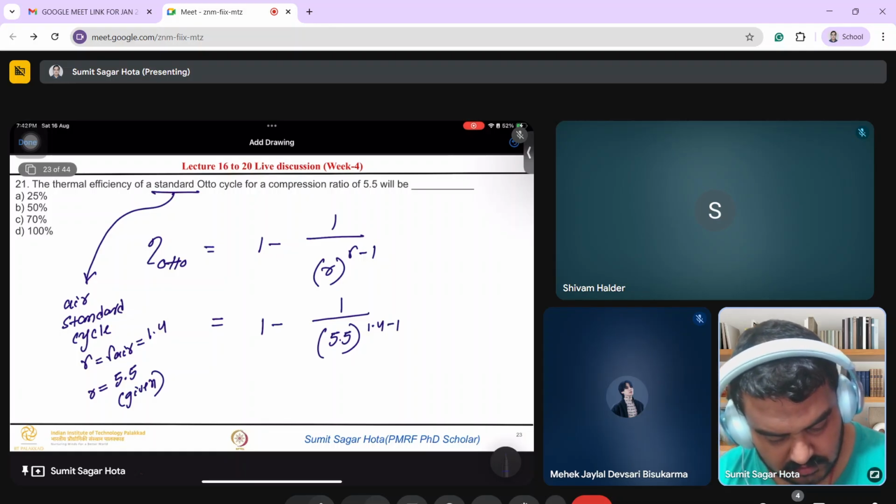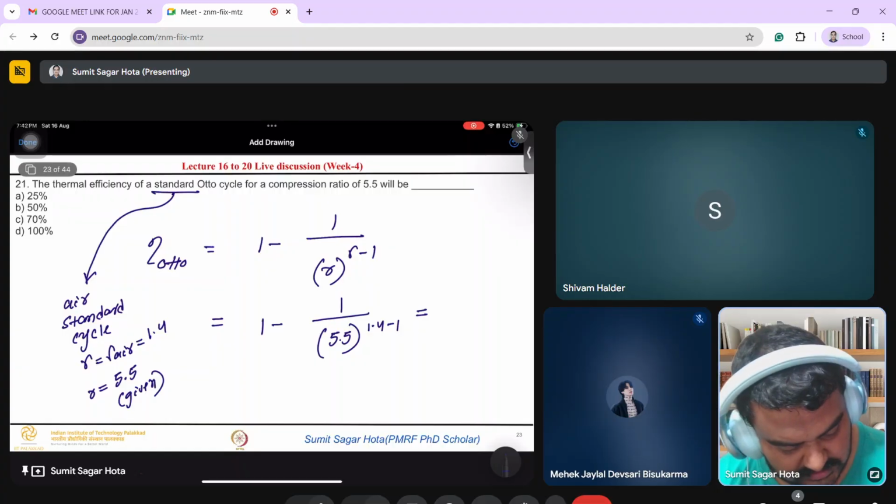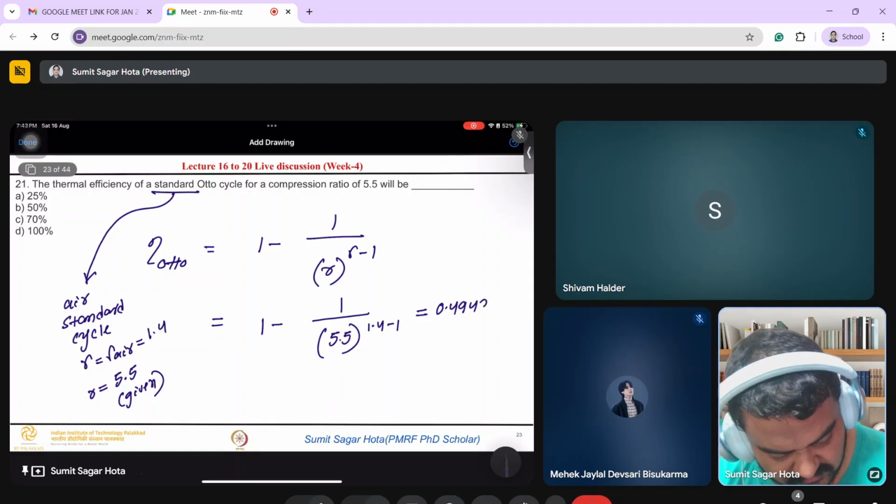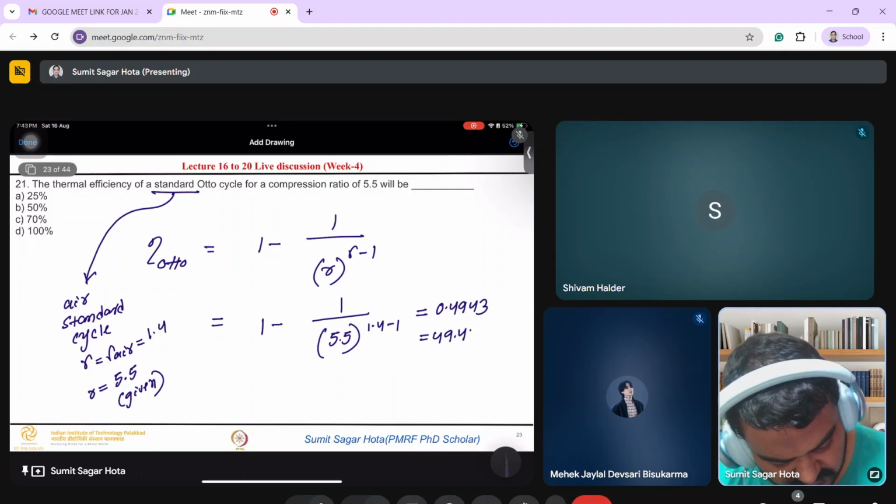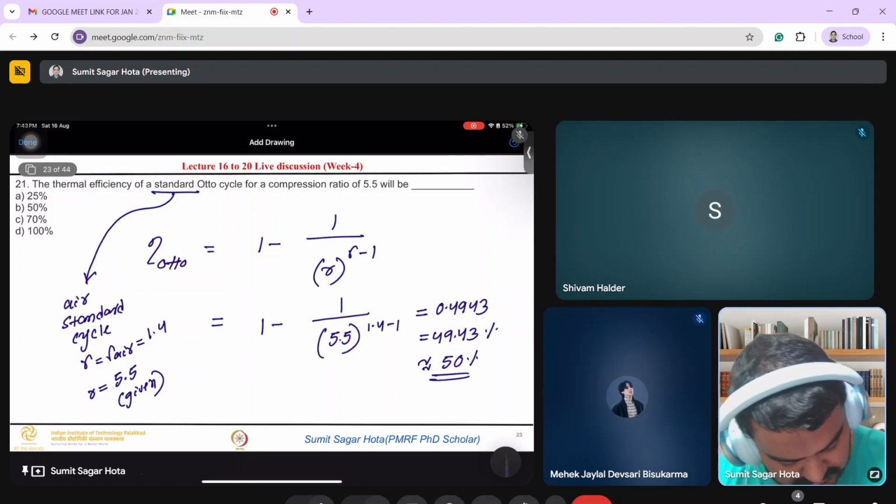If you solve it, you will get 0.4943, which is equal to 49.43 percent. The nearest answer will be 50%, which is your answer B.